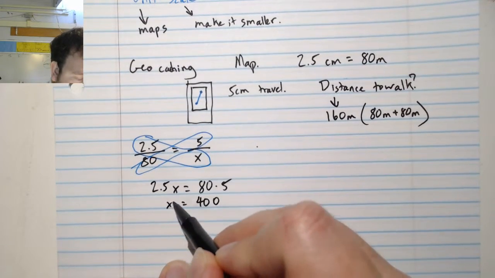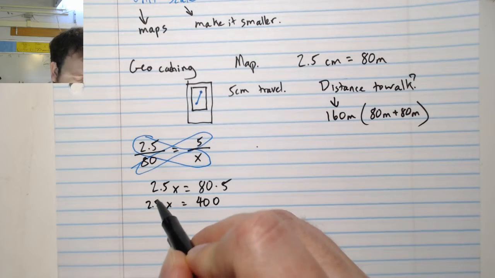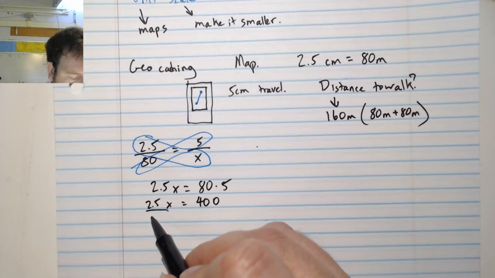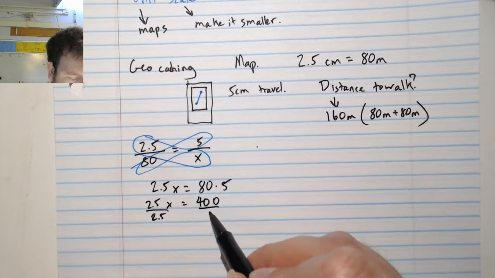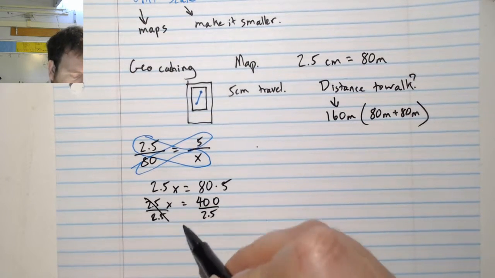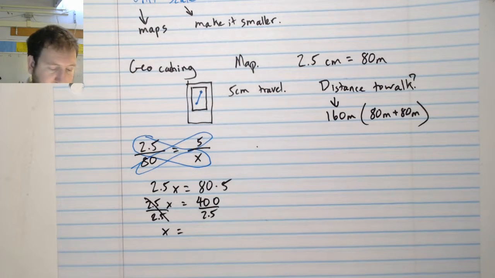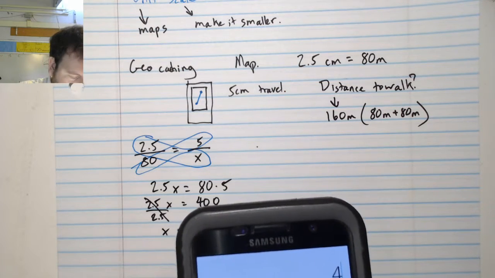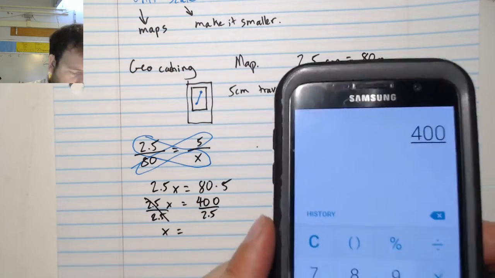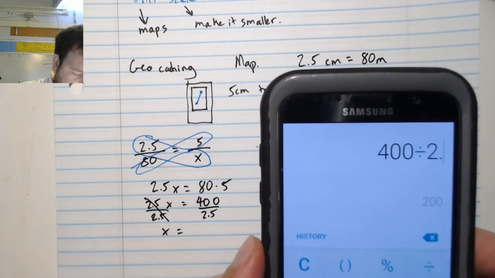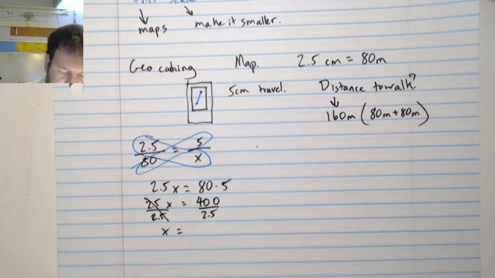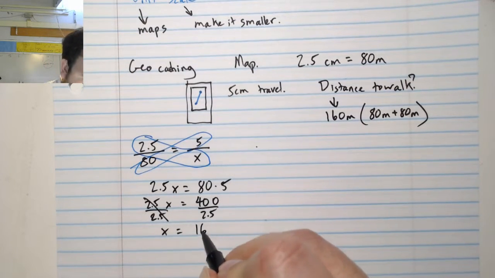So now I have 2.5x equals 400. I can divide both sides by 2.5. That cancels out here, which gives me x equals, and I'm just going to use my calculator on this. I've got 400 over 2.5, which is going to give me 160.